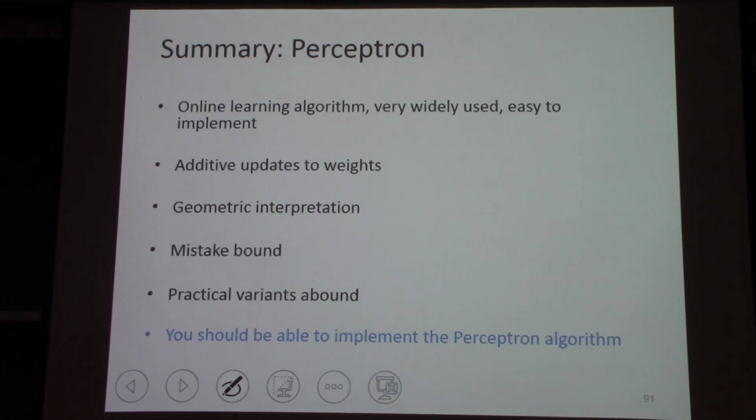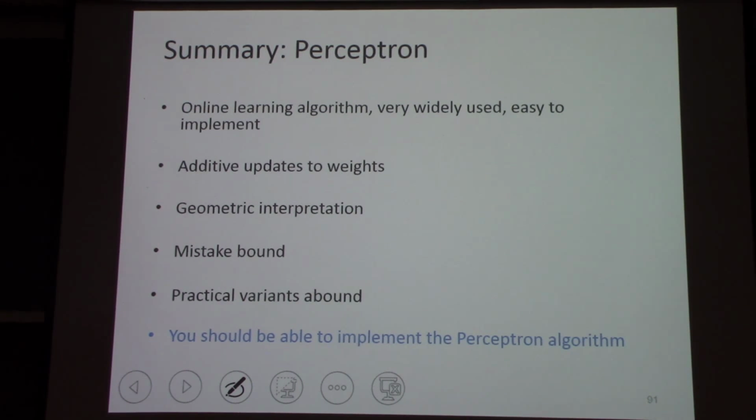There are many variants of this algorithm, and some are more popular than others, and I think I've covered at least the more dominant variants. You should be able to implement the Perceptron algorithm, play with it, and hopefully the homework will give you a better feel for this algorithm. If you haven't started yet, hopefully you'll start soon.